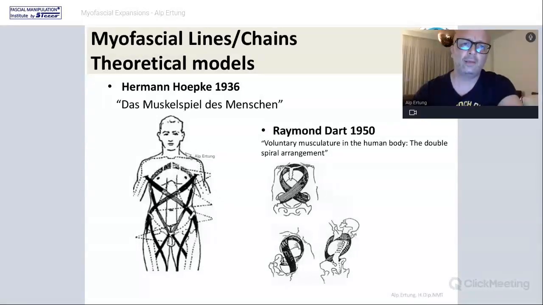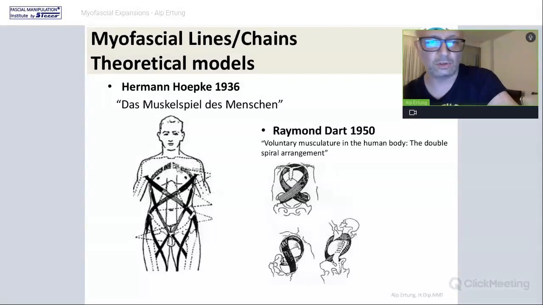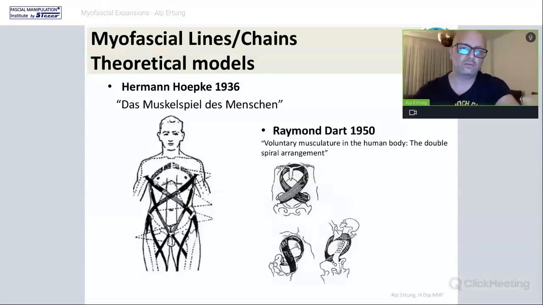So Hermann Hoepke in 1936, in his book, was talking about some relationship between different structures in the body, about the muscles mostly, but the connections of these muscles are being created by the help of the fascial system, of course. We can see here relating different segments with each other, the trunk and the lower extremity.